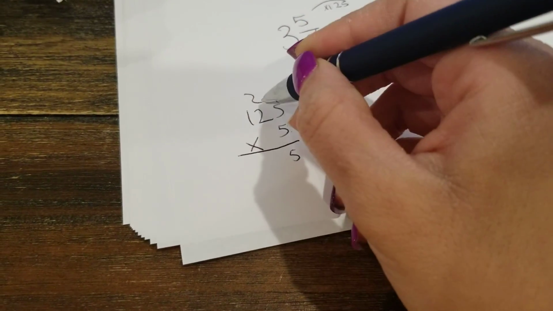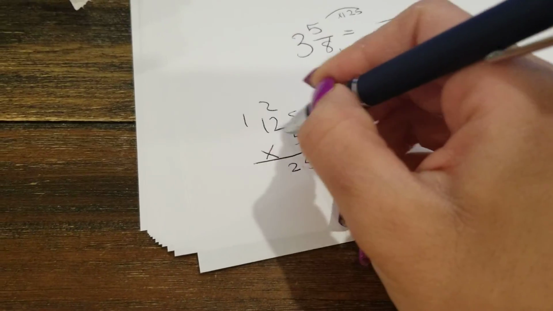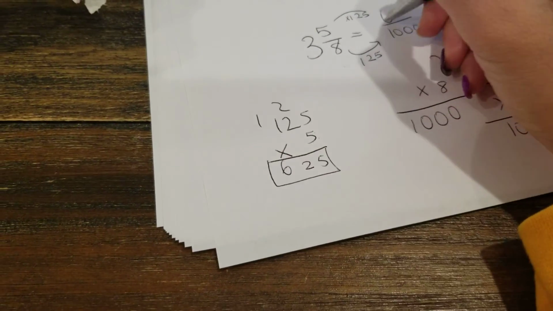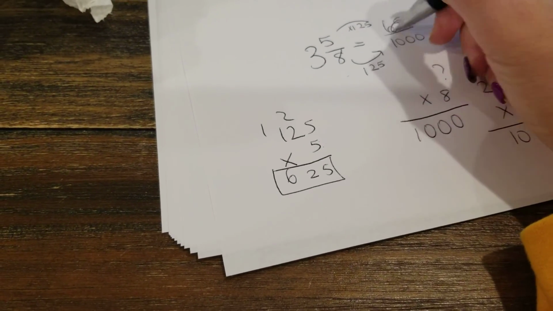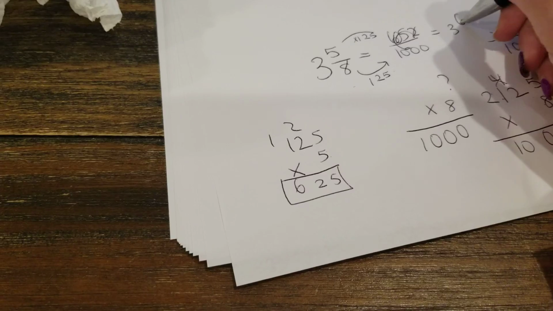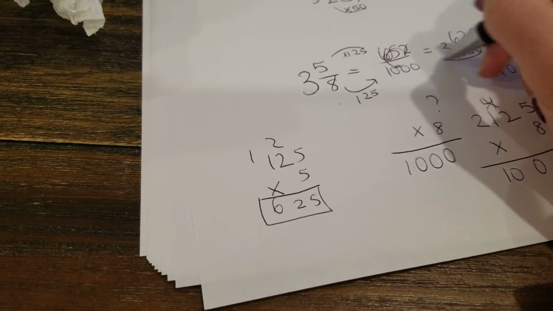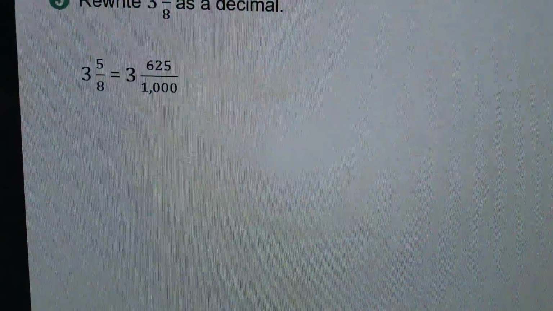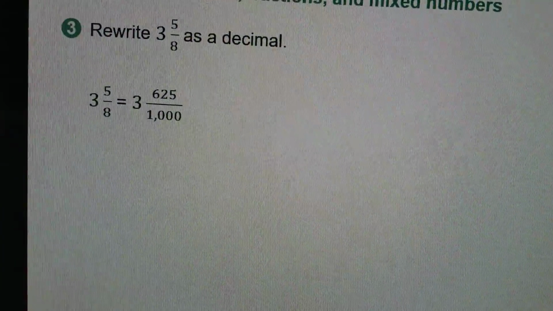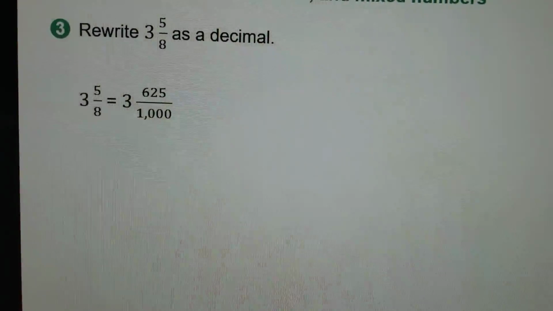That makes 625. So I have 3 and 625 thousandths. All right. Well, here we go back to our screen. 3 and 5/8 equals 3 and 625 thousandths.